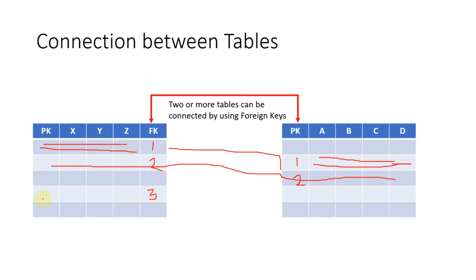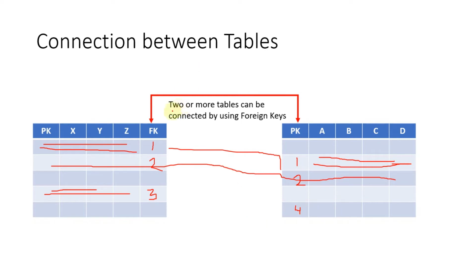So what will happen? There will be no association of this instance to any instance in this table. We may also have some values here which will not be present in this foreign key, so there will be no association for those values either.